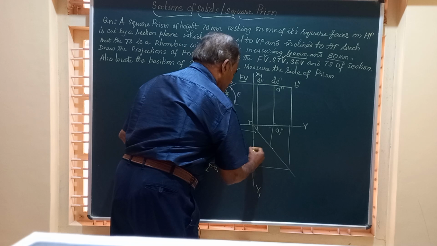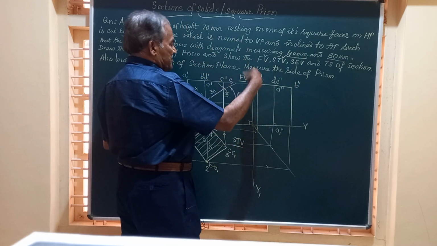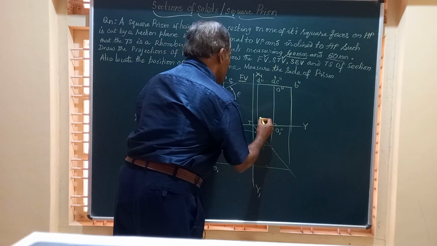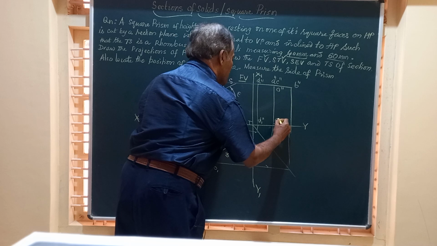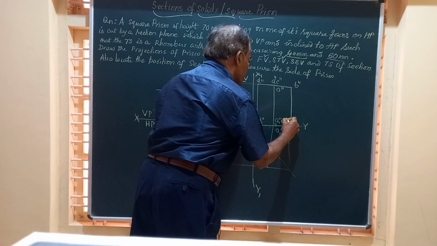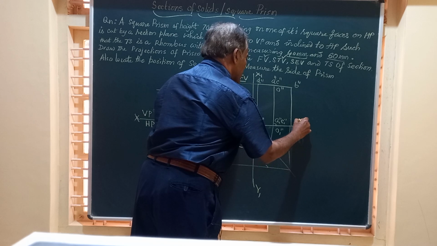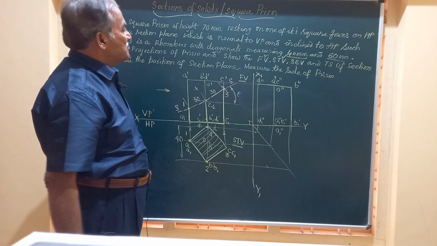So friends, we have got all these namings done for the top face. The bottom is D1 double dash. This is A1 double dash, C1 double dash. This is B1 double dash. So friends, you got these 4 points, 1, 2, 3, 4.